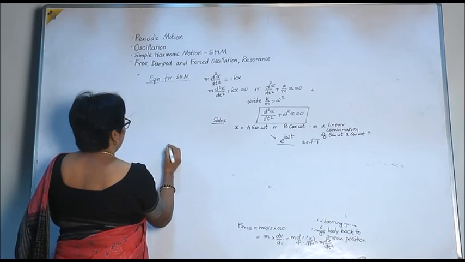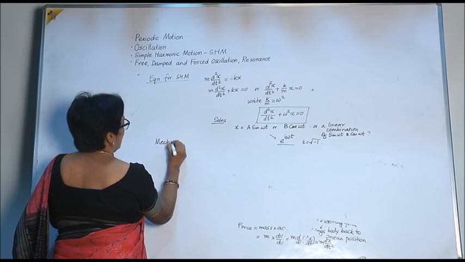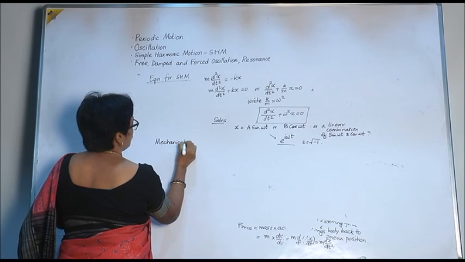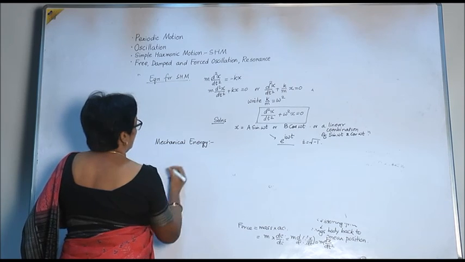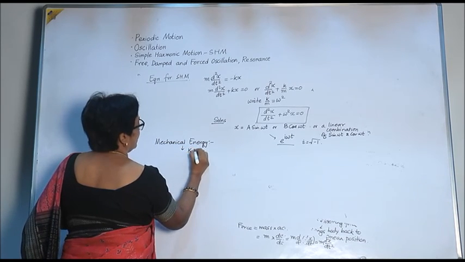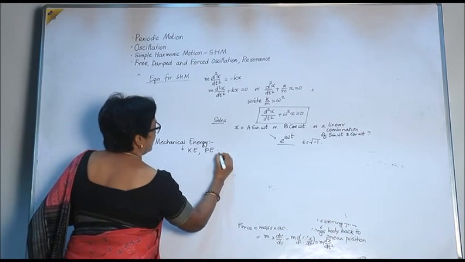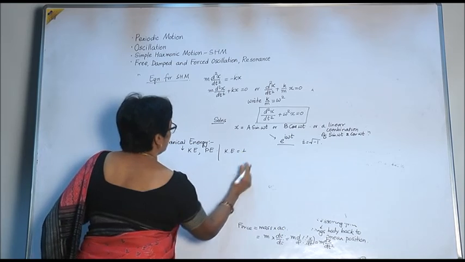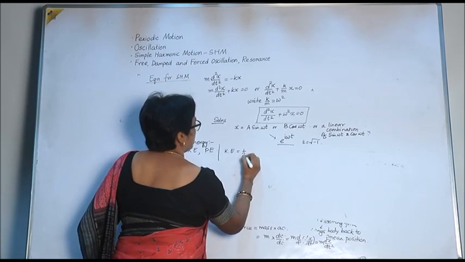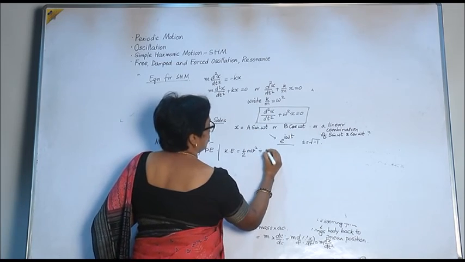Then we go to the energy, the total mechanical energy. Mechanical energy consists of the kinetic energy and the potential energy. So, kinetic energy will be equal to half m v square, where v is velocity.